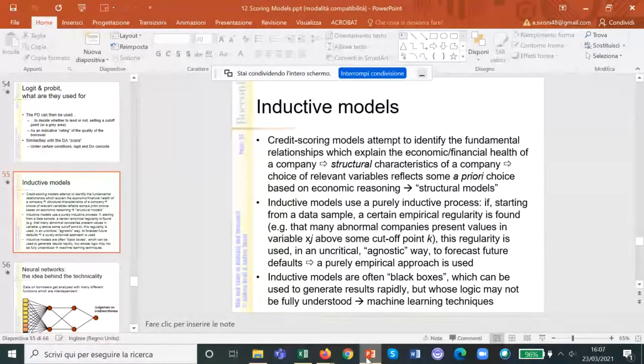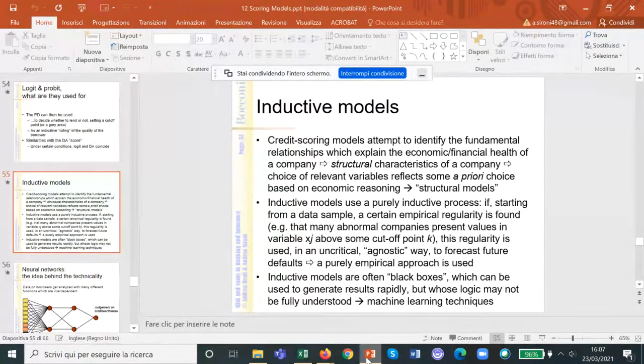Finally, just a couple of words on so-called inductive models. There is another class of models that are really very different from the ones that we've seen so far.